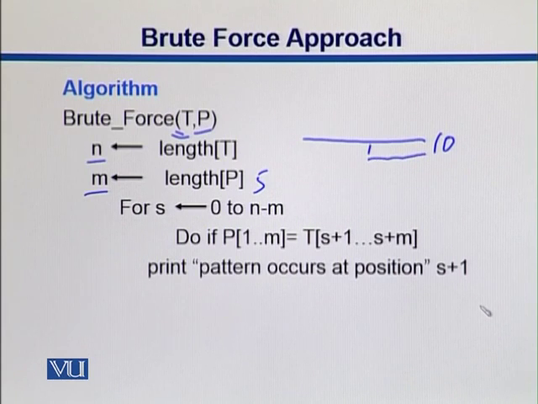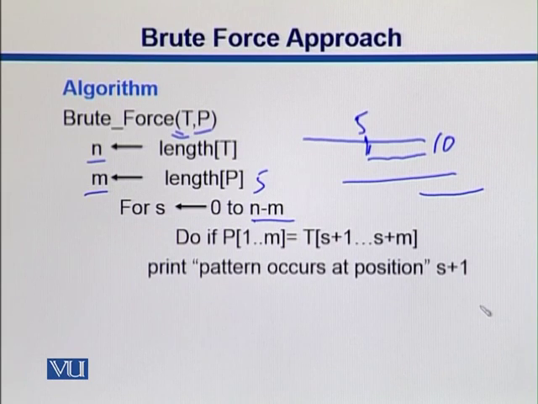no more than that. So n minus m means we want to avoid this kind of situation. It will go for the positions starting from 0 to n minus m, which in this case is 5. So it will compare till that position. Do if p 1 through m is equal to t s plus 1 through s plus m.